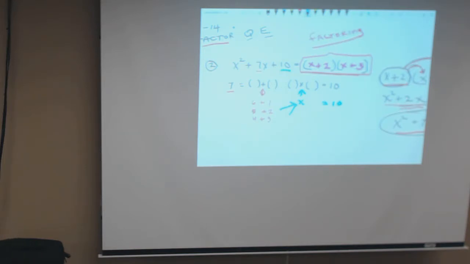So, I put my parentheses out here. And to get the first term, I had x times x. And to get the last term, I have 5 times 2.